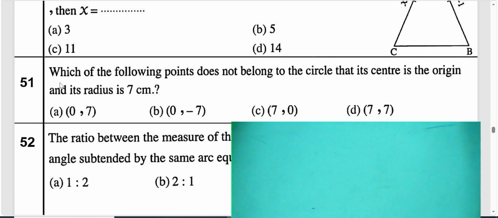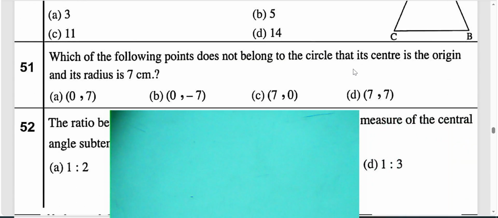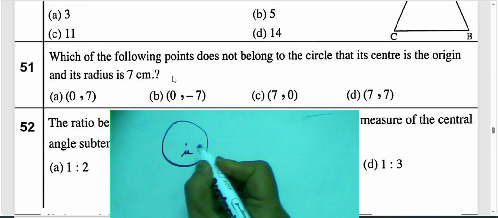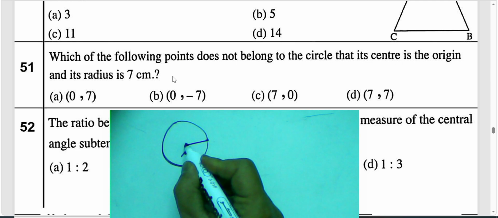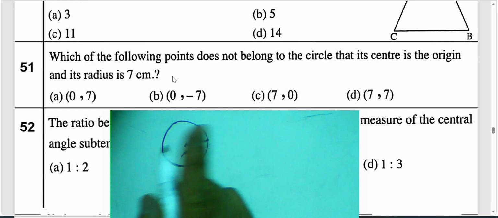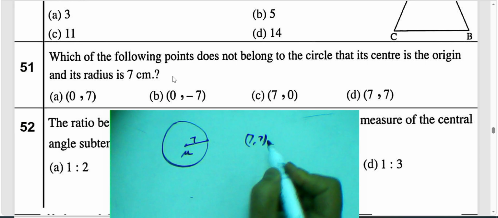Next question, number 51. Which of the following points does not belong to a circle whose center is the origin point and its radius is 7? He asked about the distance between the center and any point. We know the distance between the center and any point on the circle will be 7. He asked which of the following is not on the circle. Look at here, the point (7, 7).